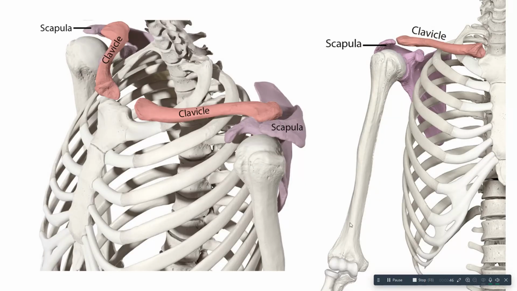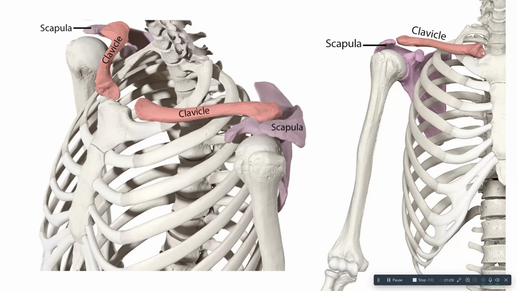So if we look at this picture here, here is a clavicle, here is a scapula. These two bones make up the left pectoral girdle here, and the other two on the opposite side are making up the right pectoral girdle. Notice how the right upper limb here articulates with the scapula. Scapula will articulate with the clavicle.